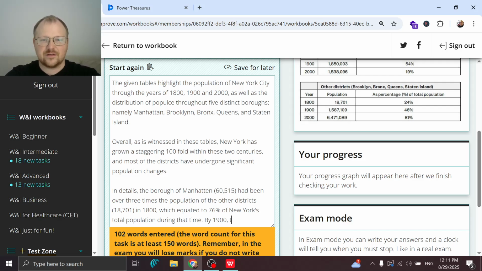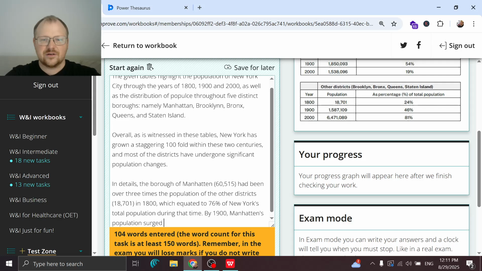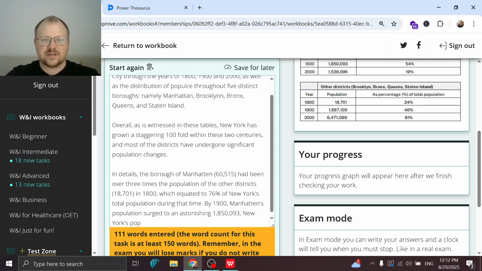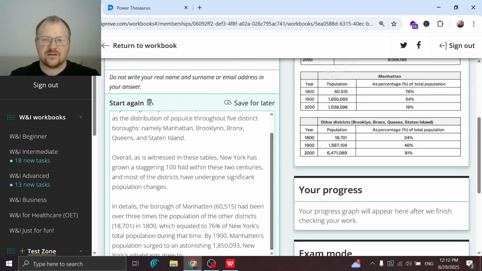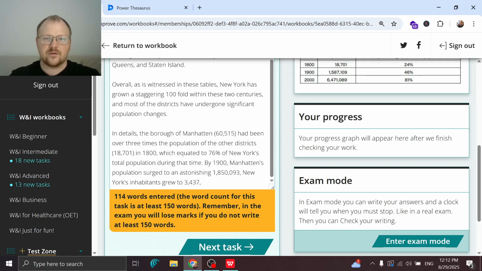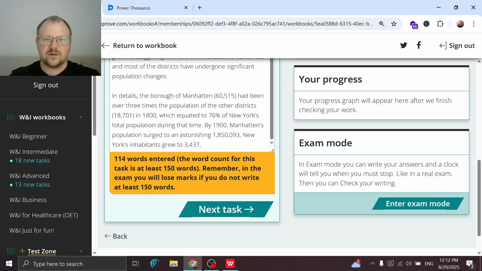Manhattan's population surged to an astonishing 1,850,093, yet New York's populace grew to how much? 3,437,202, accounting.